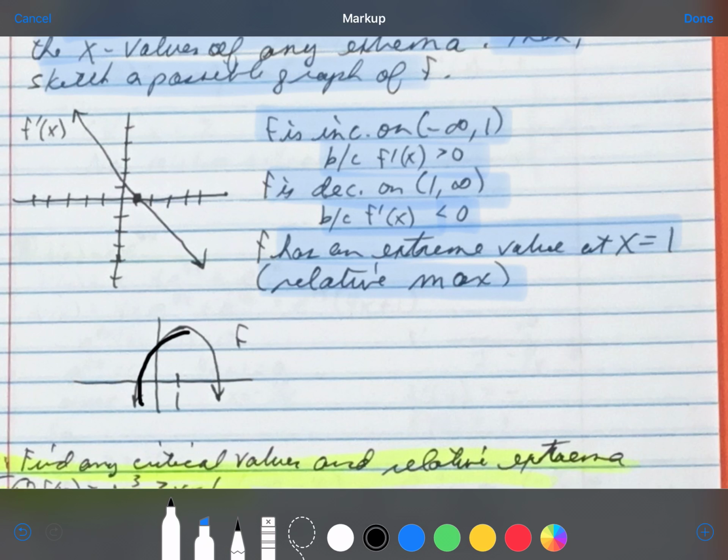And then once we hit x equals 1, there's our turning point. And then once we pass x equals 1, we said our function should be decreasing because the derivative is negative. And it's getting more steep because the values are getting larger negative, right? So that's using the graph of the derivative to actually sketch or have an idea of what the graph of the function looks like.